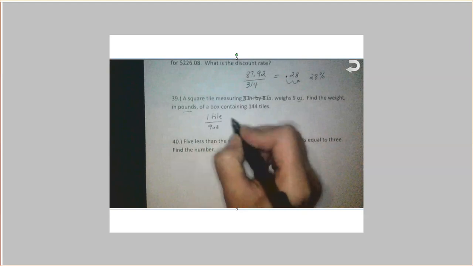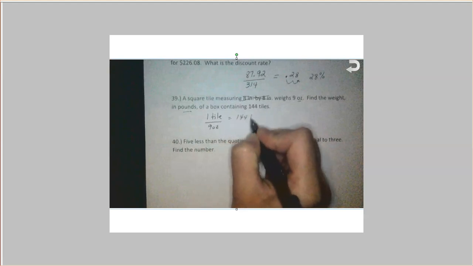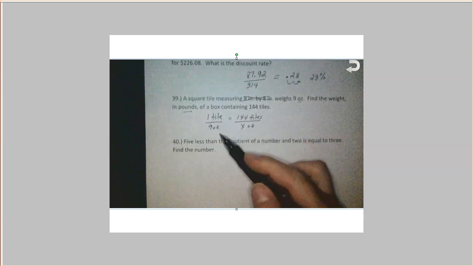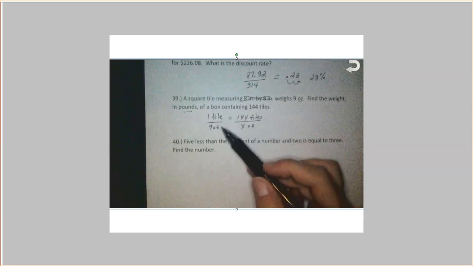But I'm going to set up a proportion. 1 tile is 9 ounces. So 144 tiles would be how many ounces? Make sure you're careful to put the same unit on either side. Tile over ounce equals tiles over ounce. So we can cross multiply.